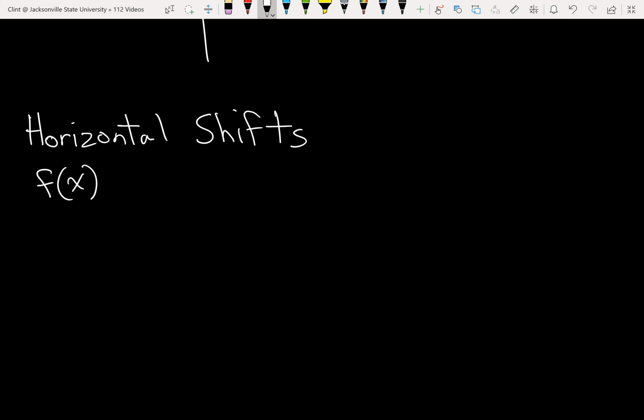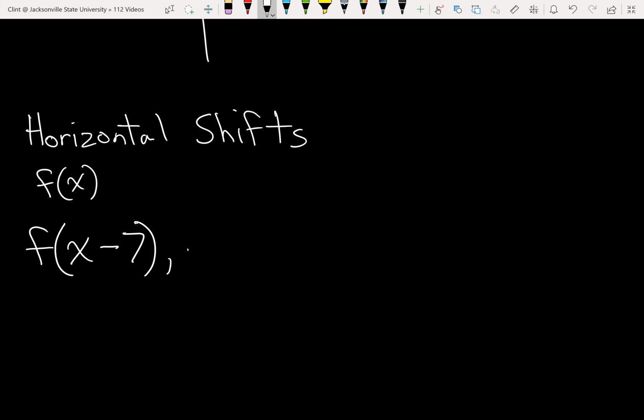To me, these seem kind of backward. Okay, so what if we have f? The difference between vertical and horizontal is that here, when we're doing the horizontal shift, our plus a number or minus a number is going to be with the x. So we'll have like x minus 7 inside the parentheses there.